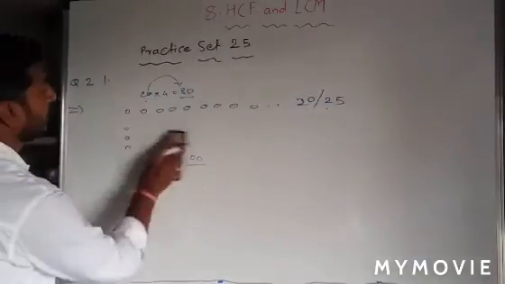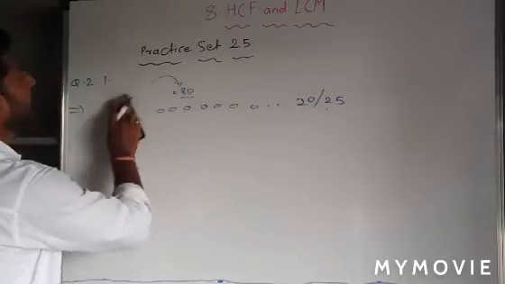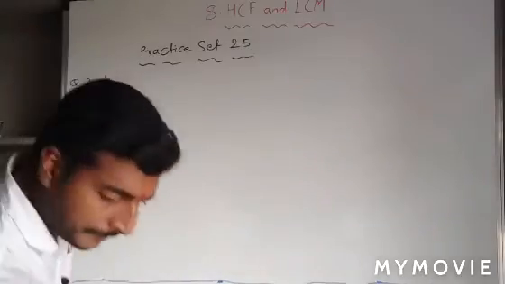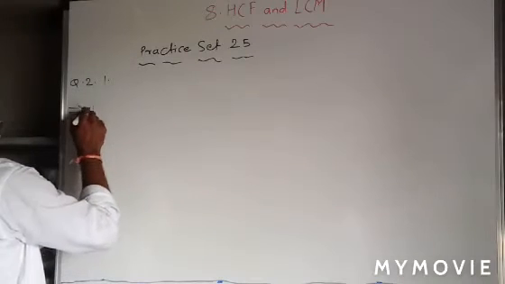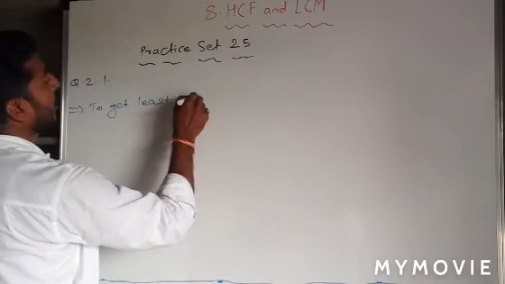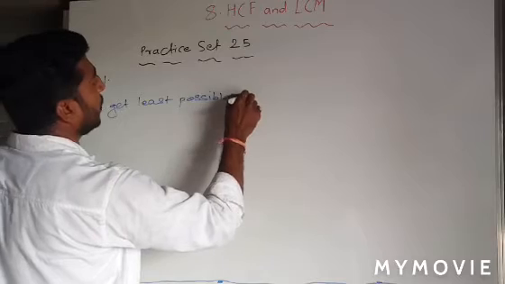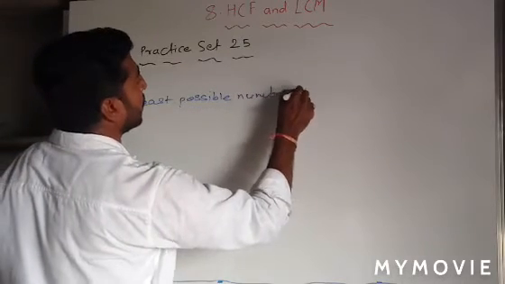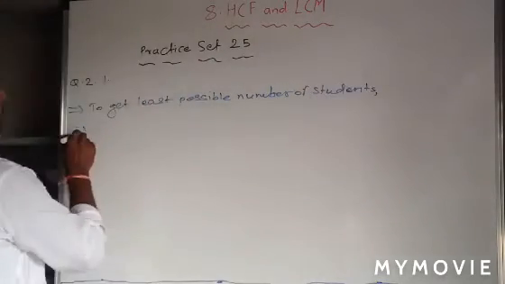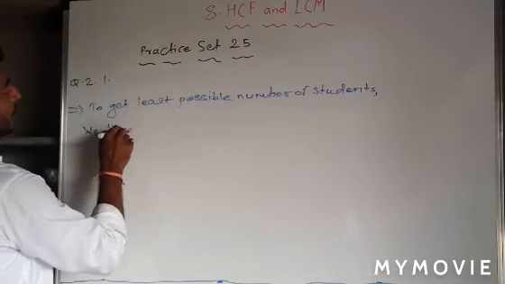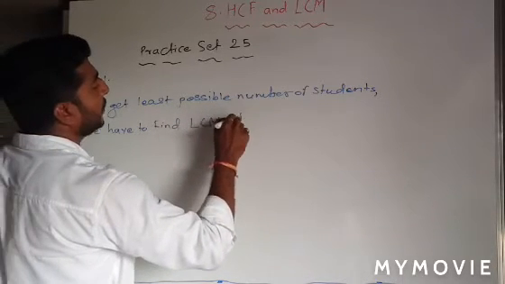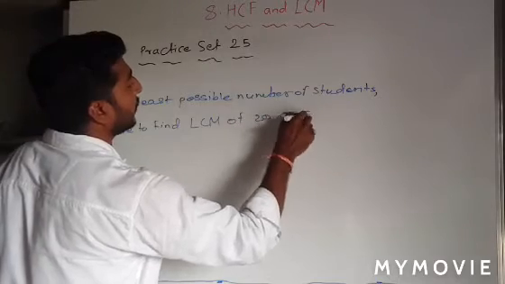We have to find the LCM of 20 and 25, to get the least possible number of students.